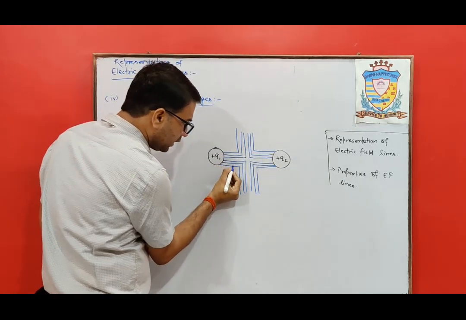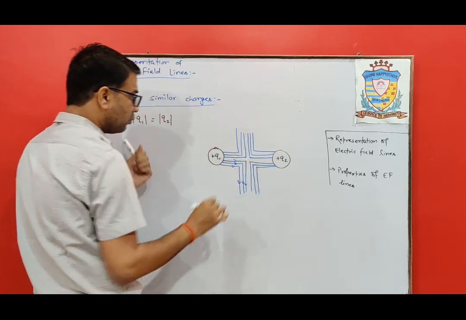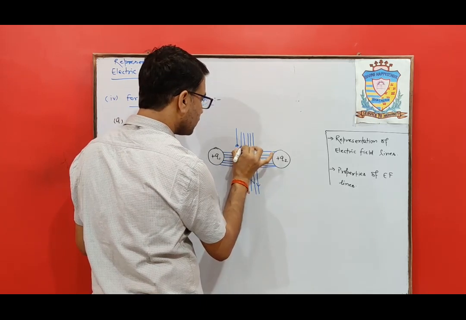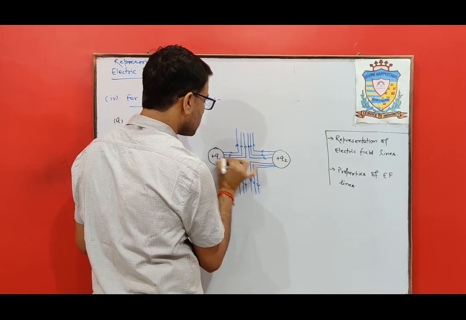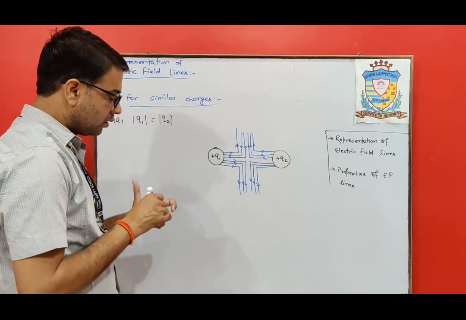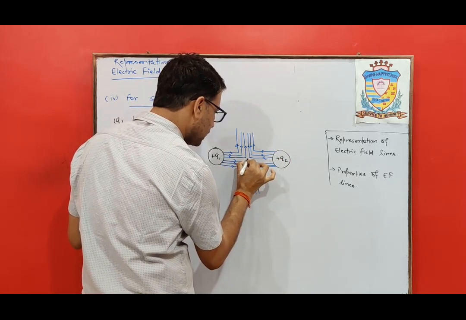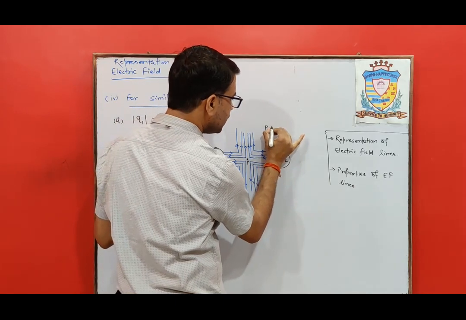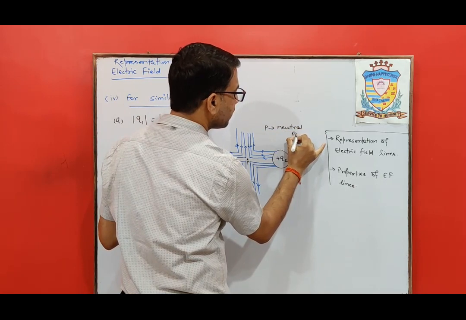Again the direction will be outward because here both the charges are positive. And this point is known as P. Point P is known as the neutral point.